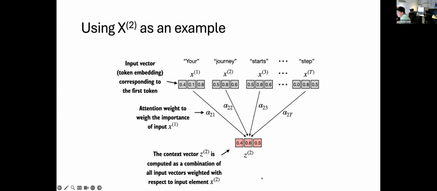The goal is to construct the context vector for journey. Z2 represents the context vector, and x2 is the token of journey. Basically, this mechanism weights the input tokens using the attention weights, and then we sum them up to construct the context vector.